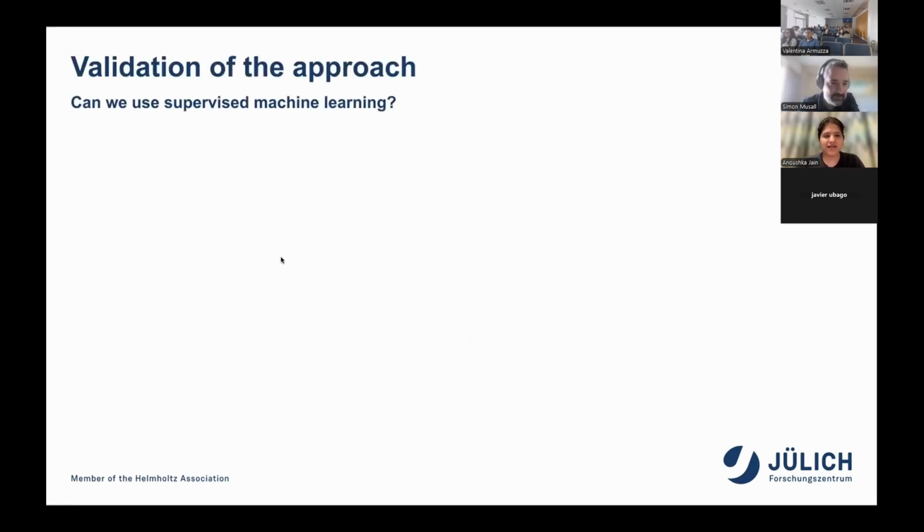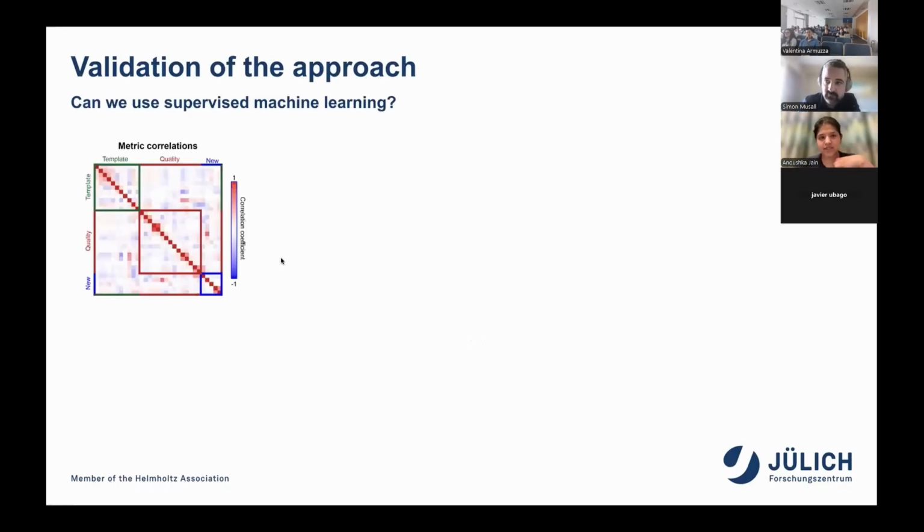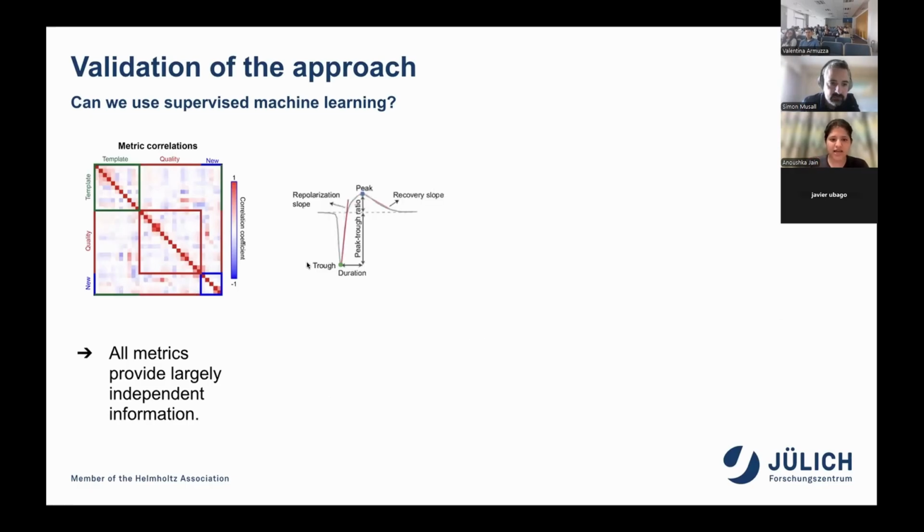So the one validation approach: we wanted to see if these labels can be used to do supervised machine learning on the data set. The first step was to check whether the information we're getting is redundant or not. We looked at different features which Spike can give us, like peak to trough ratio and repolarization slope.